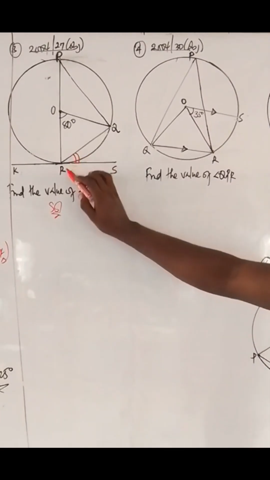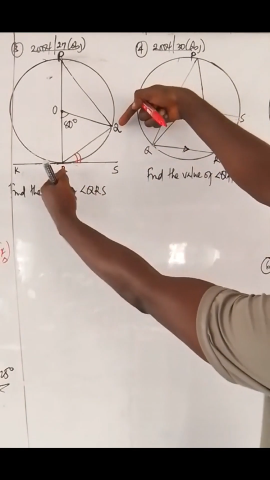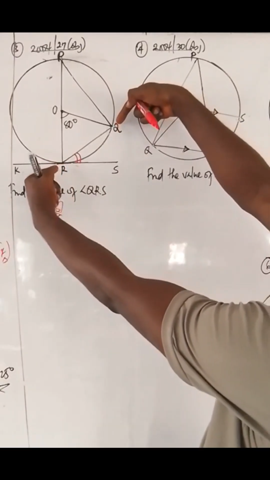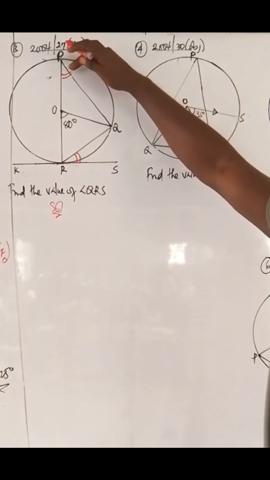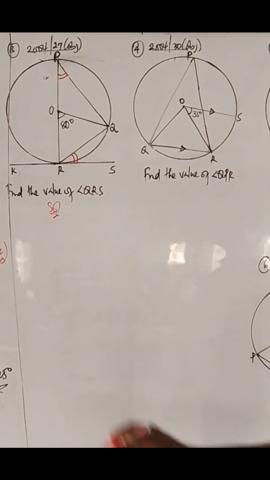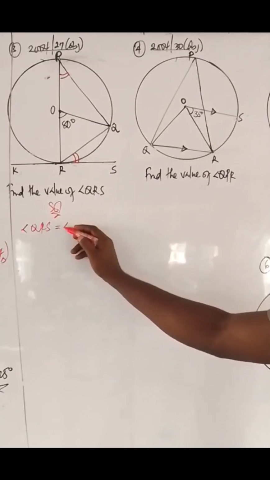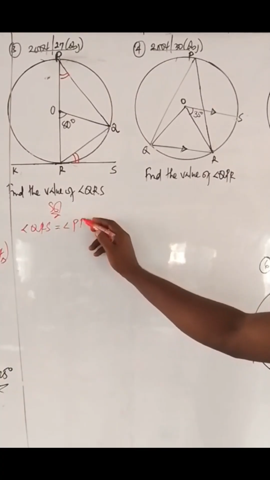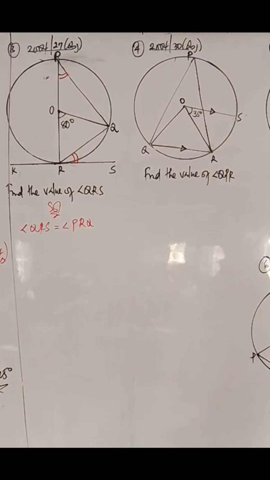Meaning, the angle between this segment and this tangent must be equal to the angle in the alternate segment, which is this. So angle QRS, which is what we are looking for, must be equal to angle RPQ. This RPQ.